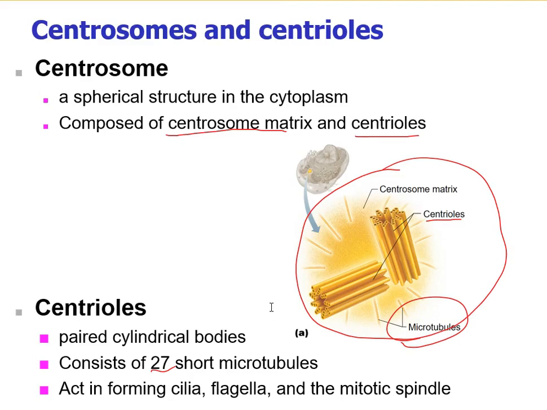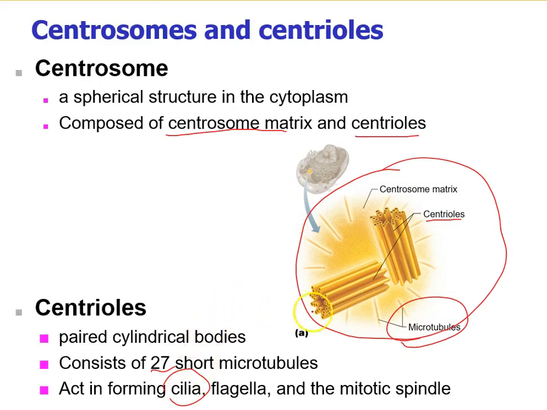Centrioles are involved in a few important tasks. They play a role in forming the cilia. What is the cilia? Cilia are hair-like structures found on the cell surface, which can move, and with their movement they can move the secretions or mucus found at the surface of the cell.